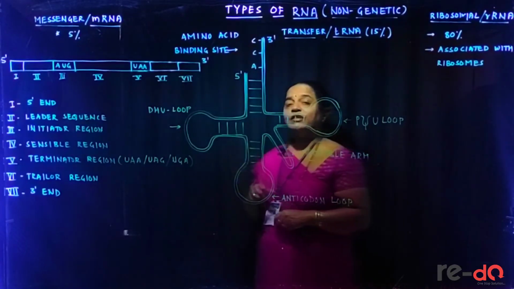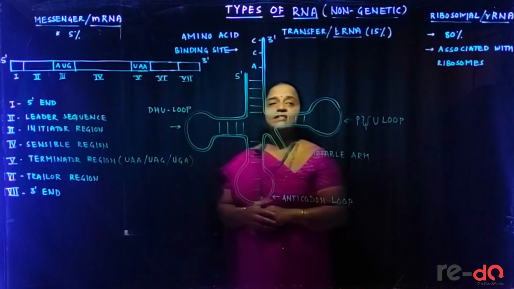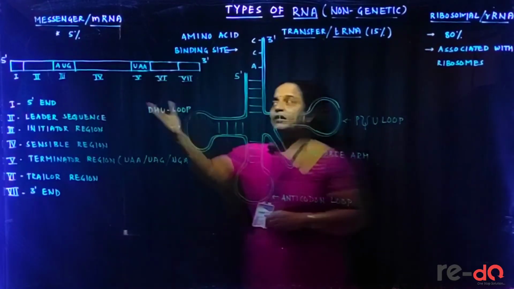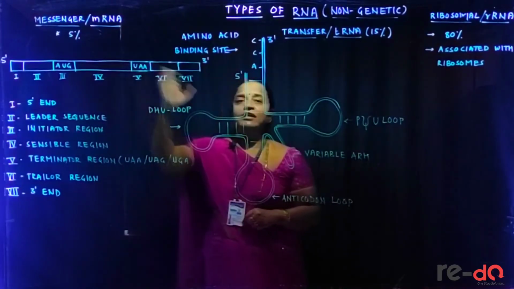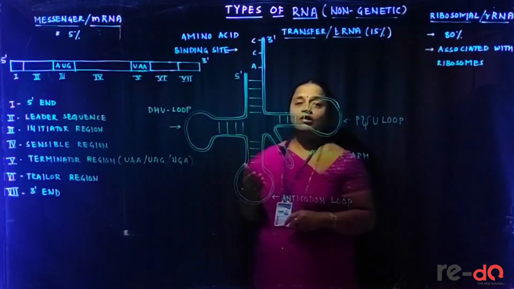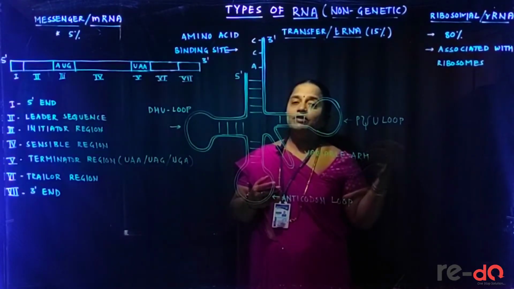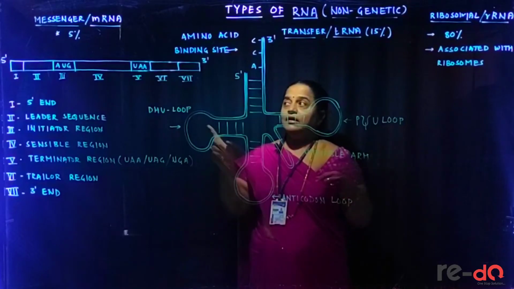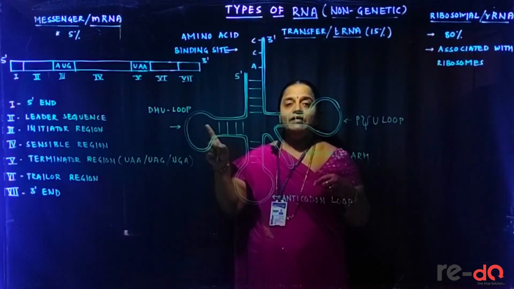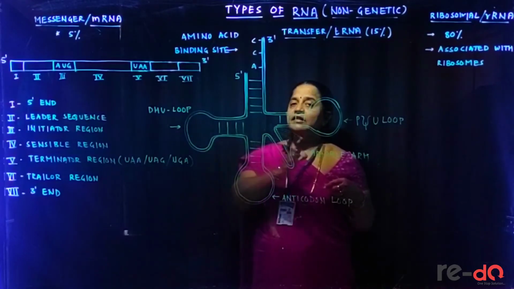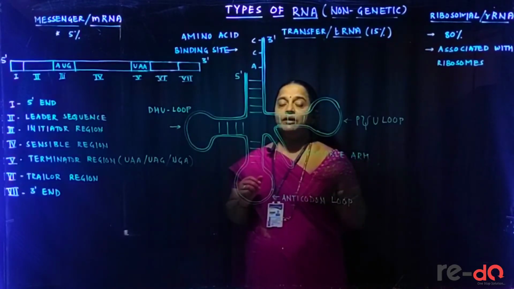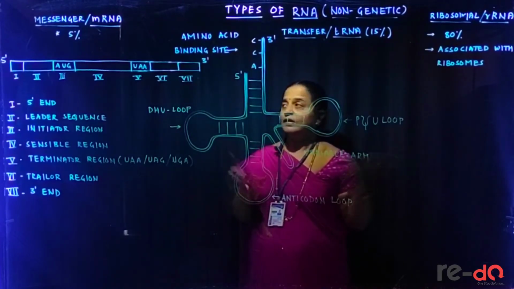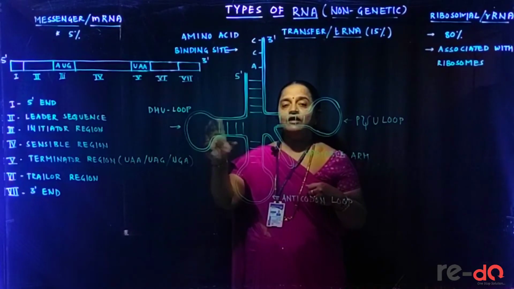Then next to the initiator, the fourth region is the sensible region. Here a number of nucleotides are available, depending on the requirement of the cell. Here triplets are continuously arranged in the sensible region, so depending upon the demand of the cell, a number of triplet codons are available.